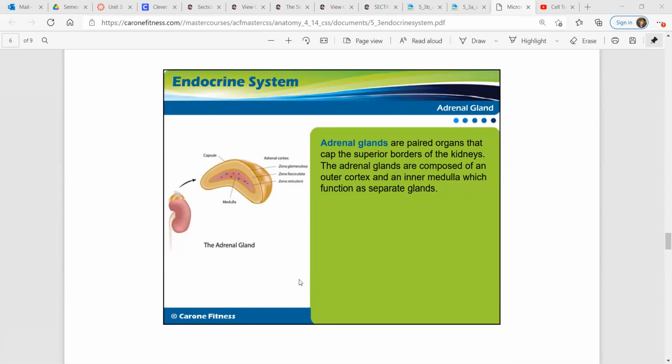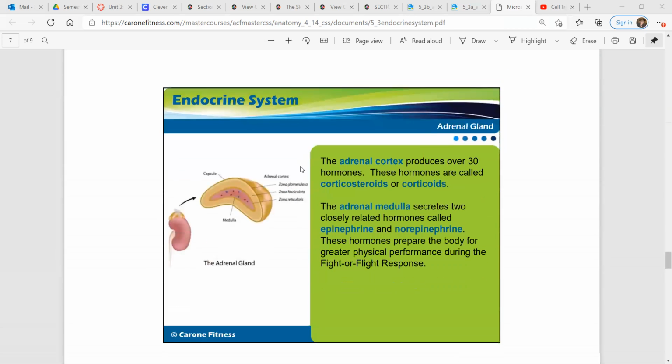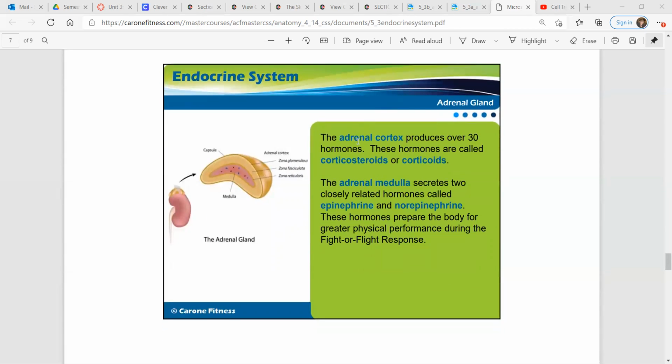We also have the adrenal glands. That's the proper way to pronounce that. These glands are paired organs that cap the superior borders of the kidneys. These glands are composed of an outer cortex and an inner medulla, which function as separate glands. The adrenal cortex produces over 30 hormones. These hormones are called corticosteroids, or corticoids for short.